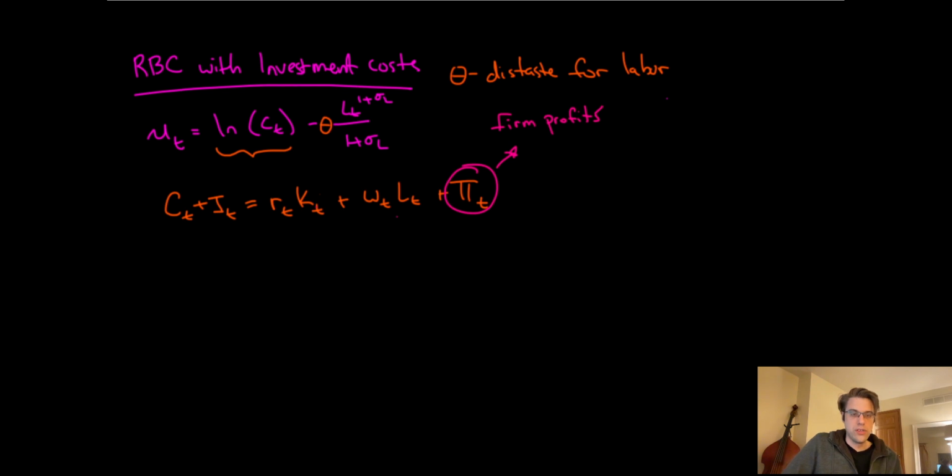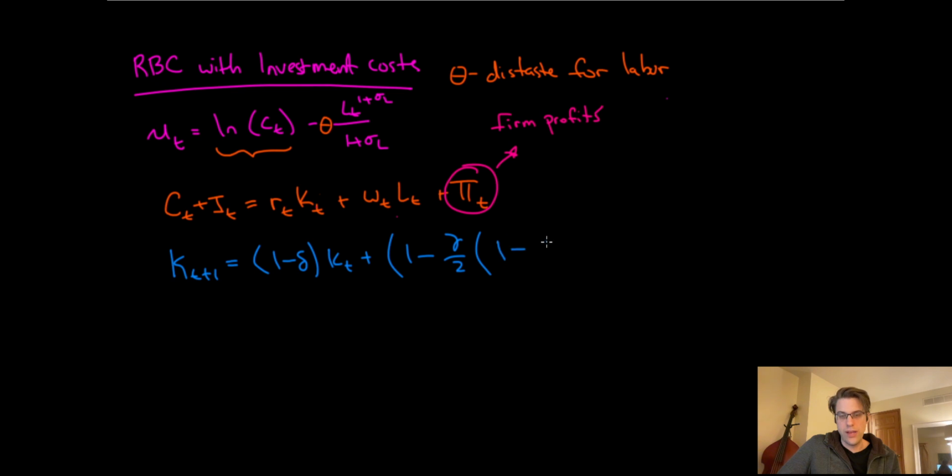The household is also subject to the intertemporal law of motion of capital, K_{t+1}, which is going to be (1 minus delta) K_t. And now we're going to include our phi function, which was 1 minus gamma over 2, 1 minus I_t over I_{t-1}, squared, times I_t. Okay, so this is now the household problem.